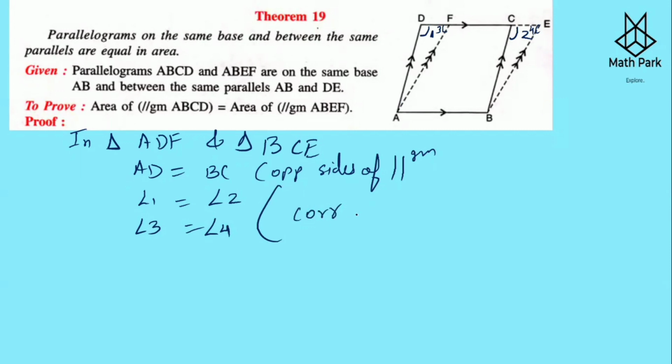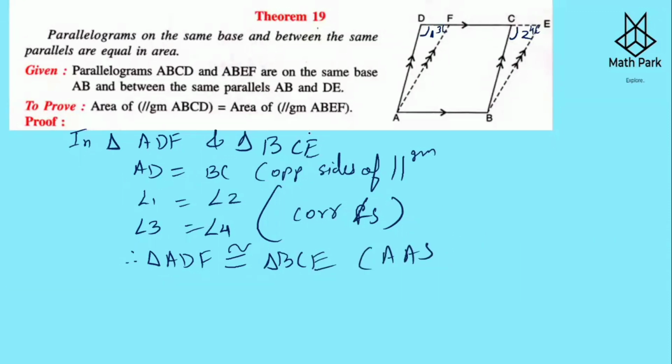Naming the angles saves your time. Instead of writing the complete name, you can number the angles. And therefore, you have triangle ADF is congruent to triangle BCE by angle, angle, side. So this is your angle, by this angle, and the side.